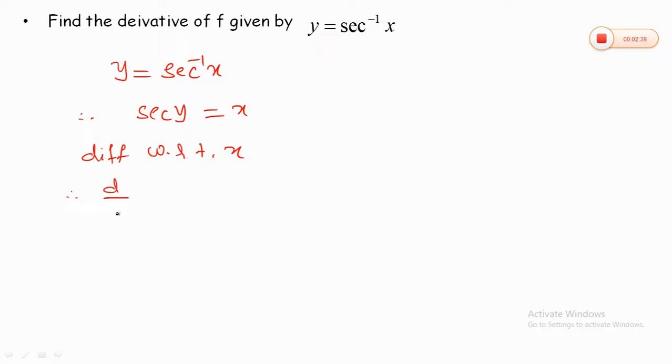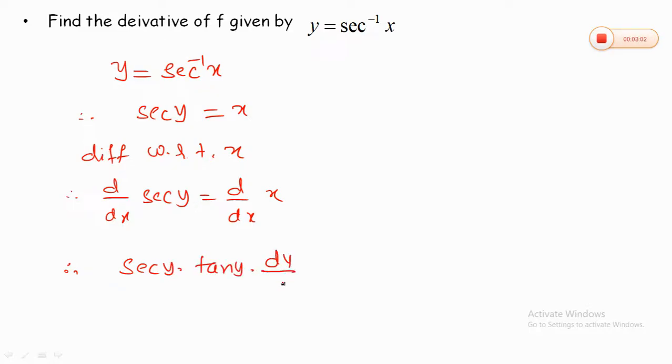Therefore d by dx of sec y equal to d by dx of x. Therefore the derivative of sec is sec tan, so the derivative of sec y is sec y into tan y, and the derivative of y is dy by dx. This equals 1.